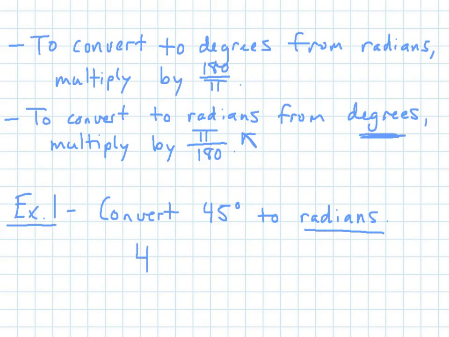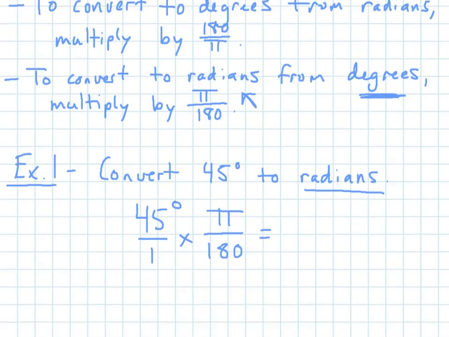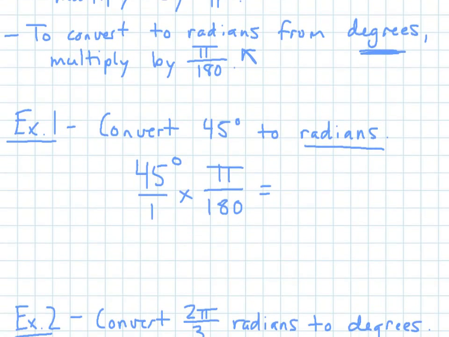I'm going to take 45 degrees, multiply by pi over 180, and then from there I need to reduce, so I can cross cancel at this point. 45 goes into 180 4 times. So then multiplying across, I get pi over 4 radians.